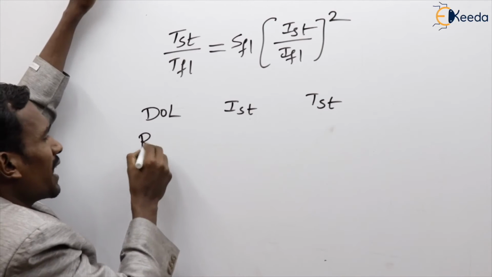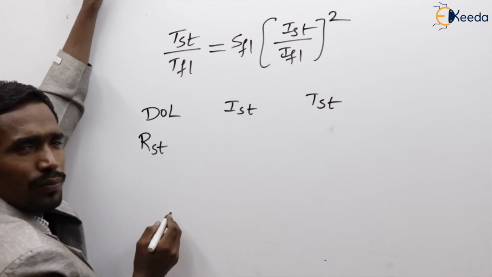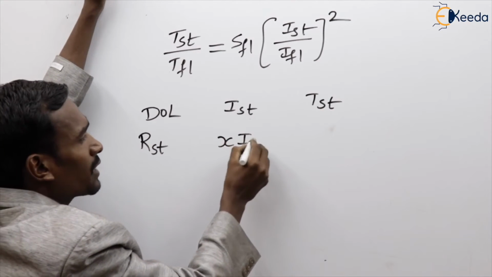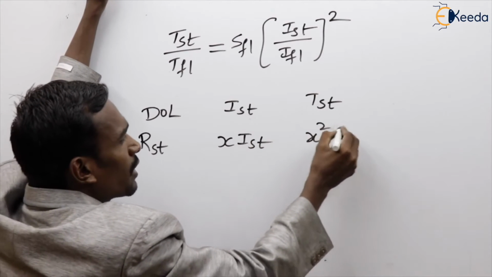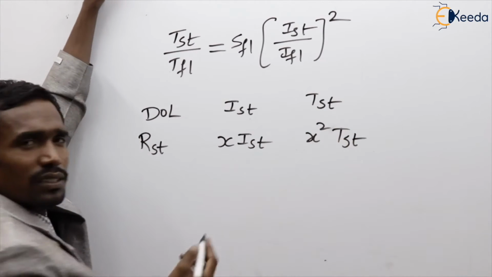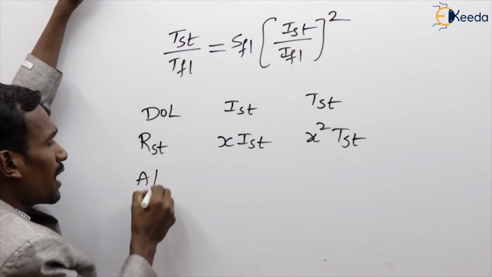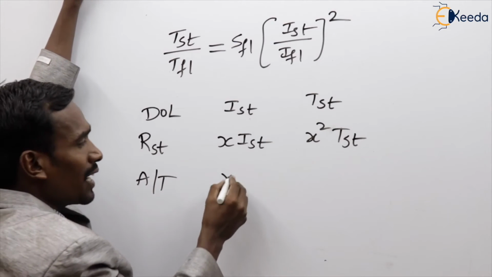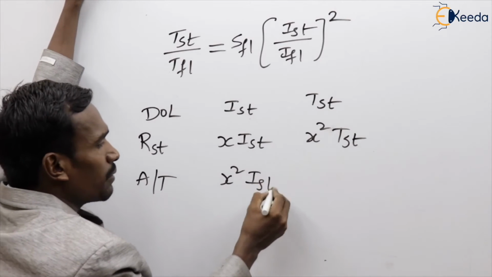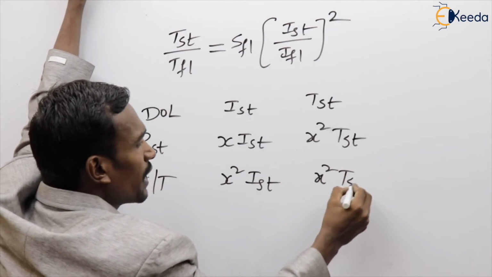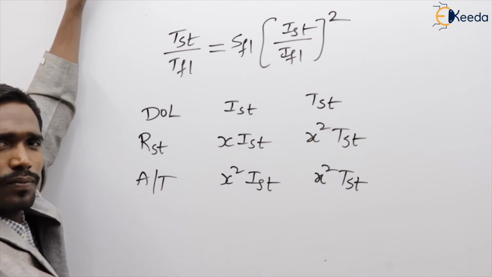Now, in stator resistance control, the current is controlled X times and the torque is controlled X square times. Very important. And in an auto transformer starter, the current is controlled X times and the torque is controlled X square times.